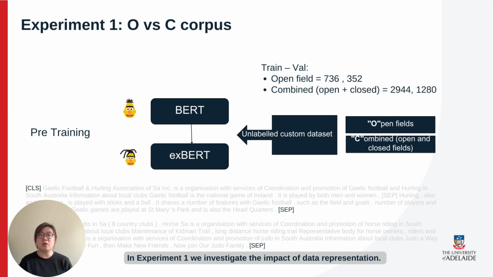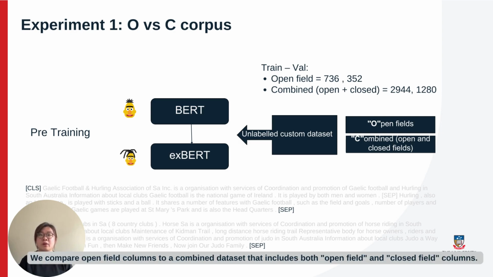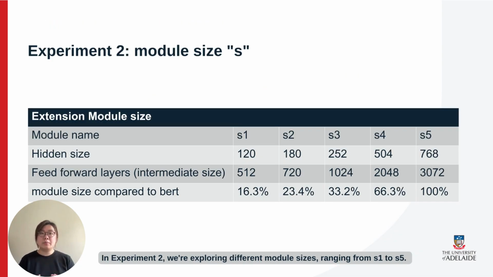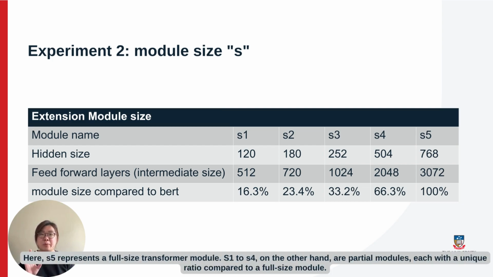In experiment 1, we investigate the impact of data representation. We compare open field columns to a combined dataset that includes both open field and closed field columns. This experiment aims to investigate how the choice of data representation, open field versus combined, affects the performance and the outcome. In experiment 2, we are exploring different module sizes, ranging from S1 to S5. Here, S5 represents a full-size transformer module.